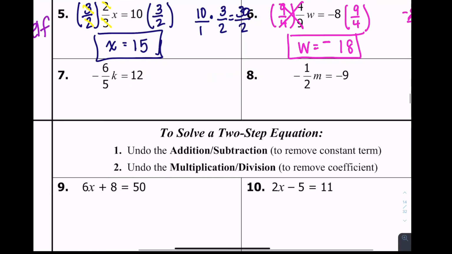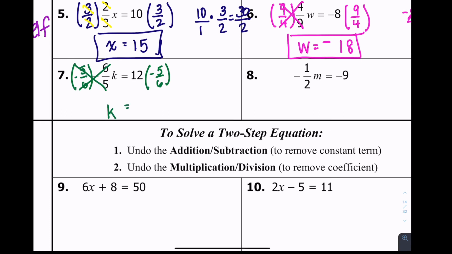I have a negative. What I'm going to multiply by, when I do the reciprocal, it also has to be a negative because we want the negative to move with the fraction. So then I come over here and I do negative 5/6. So this is completely gone. All I have is a K. All right.